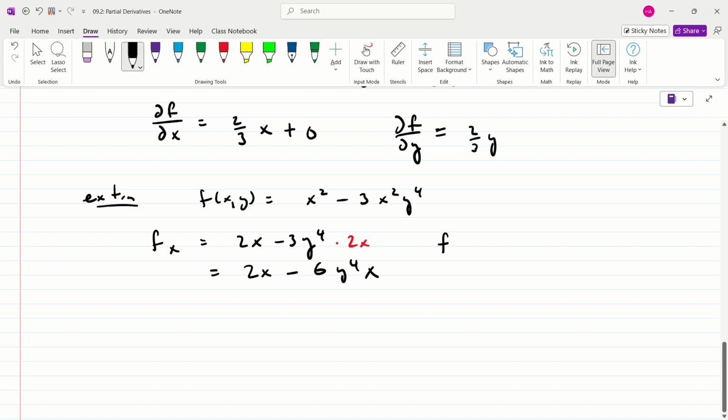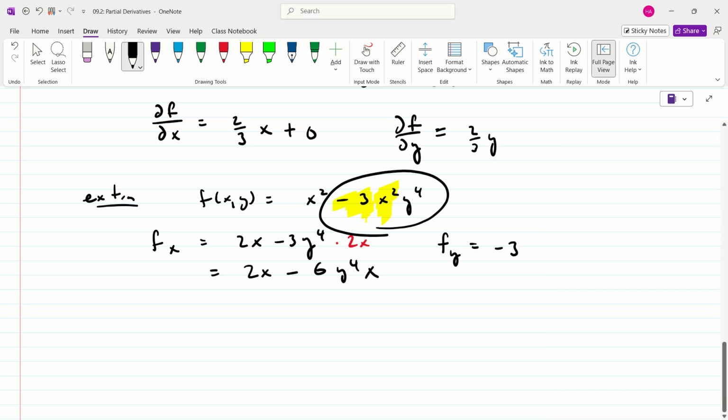What about the partial derivative of f with respect to y? The partial derivative of x squared with respect to y is 0, so that goes away. And to take the partial derivative of negative 3x squared y to the 4th, I'm going to consider this negative 3 a constant, and also this x squared a constant, because again, x's are constant when I'm taking partial derivatives with respect to y.